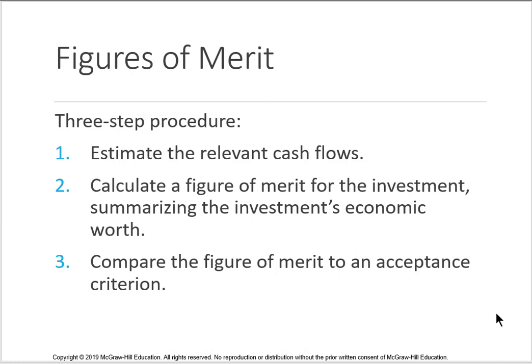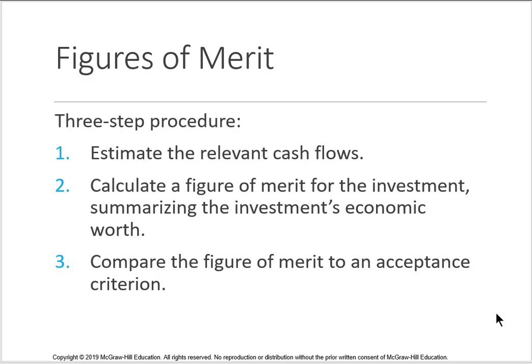There's a 3-step process to calculating capital budgeting techniques. We need to estimate relevant cash flows. We will talk about this maybe in a later video. You need to calculate a figure of merit for the investment. Well, what does merit mean? Merit is just an idea, or a concept that looks at value or benefit.